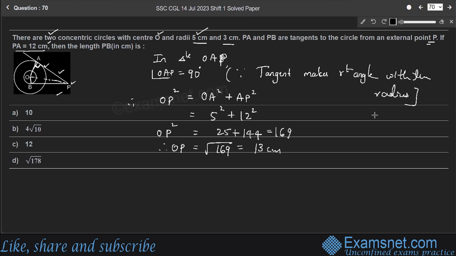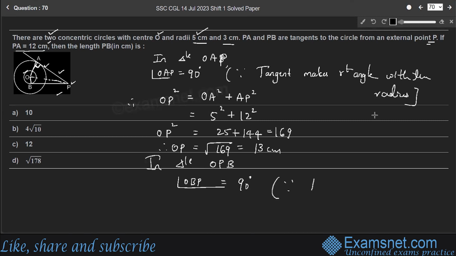We need PB. For that, consider triangle OPB. So in triangle OPB, it is also a right angle triangle because PB is tangent to the smaller circle. It makes a right angle with the radius. So angle OBP is 90 degrees.